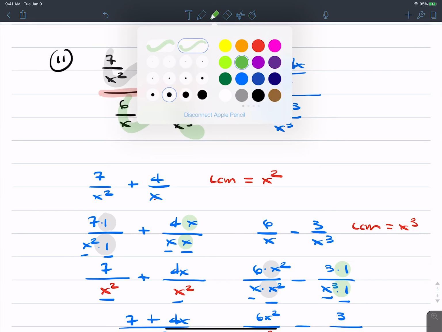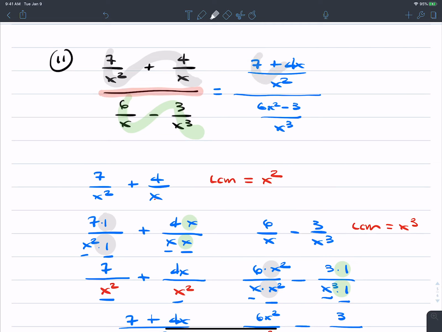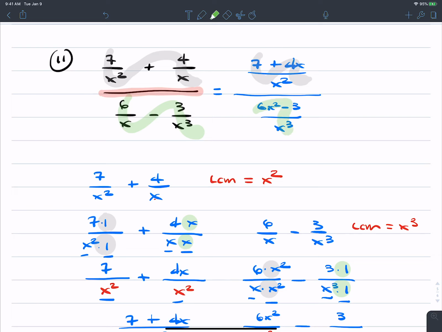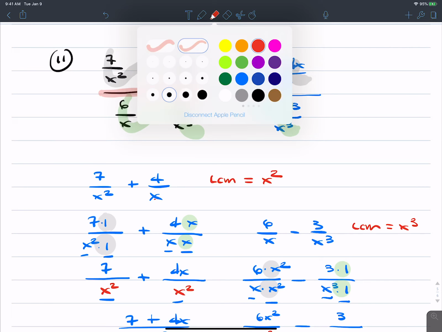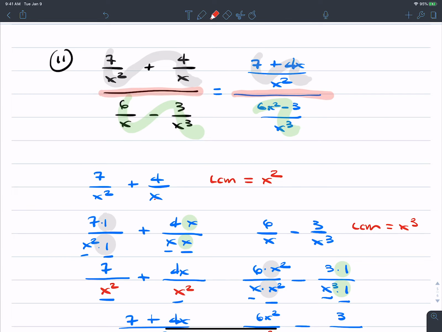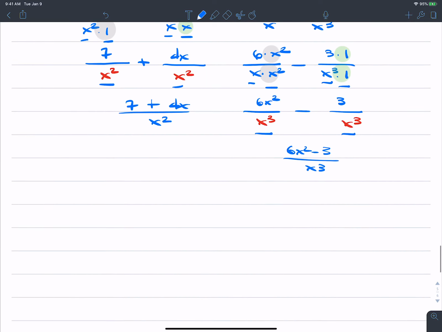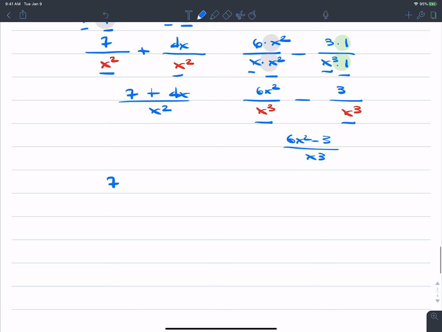So what we have here in gray is one fraction, and green is another fraction, and here we're going to divide. 7 plus 4x over x squared divided by 6x squared minus 3 over x cubed.